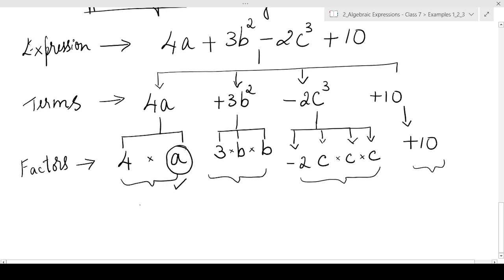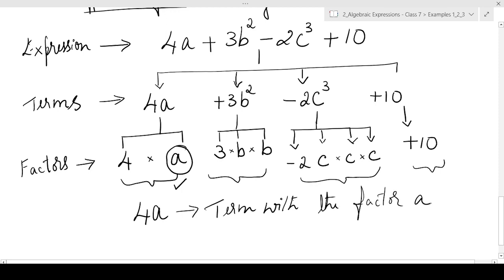So this is the term with the factor a. And what is the coefficient? What is attached to a? 4. So 4 is the coefficient of a in the given expression.